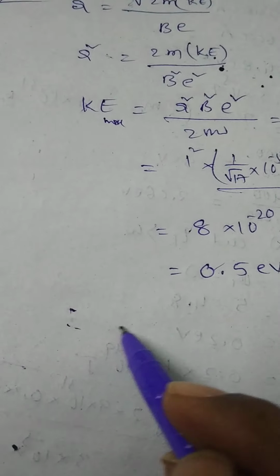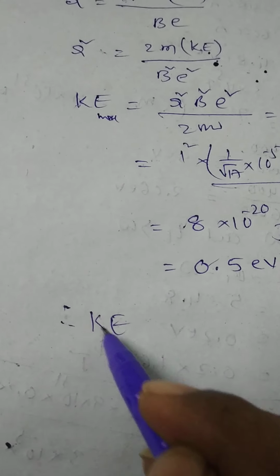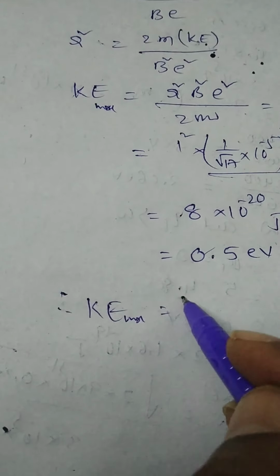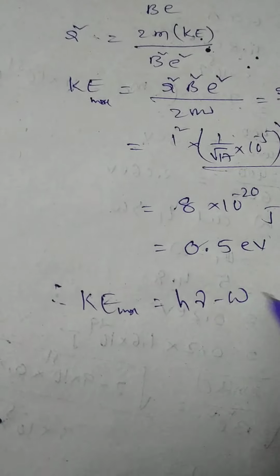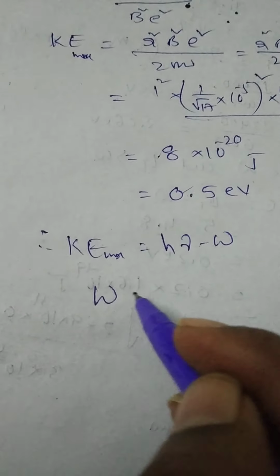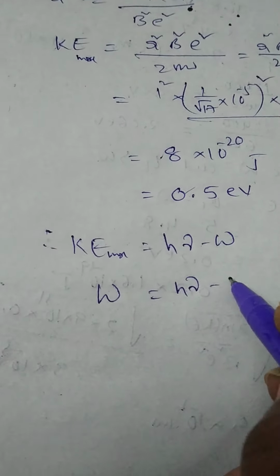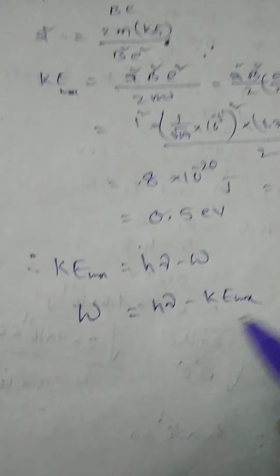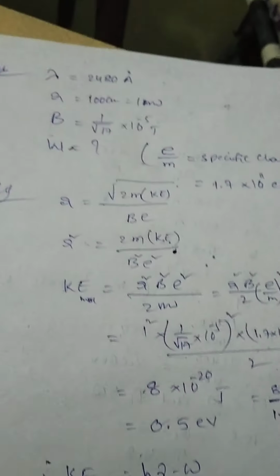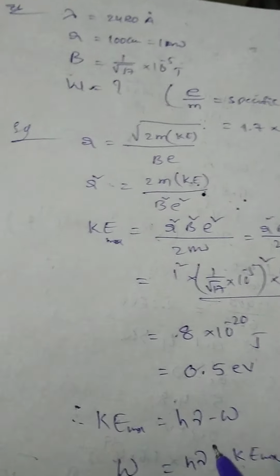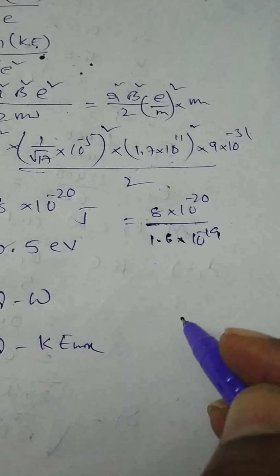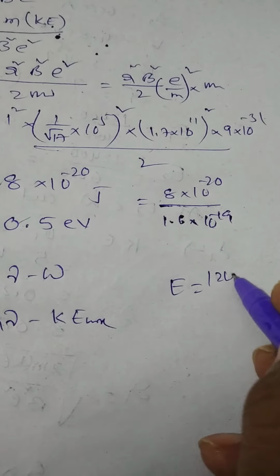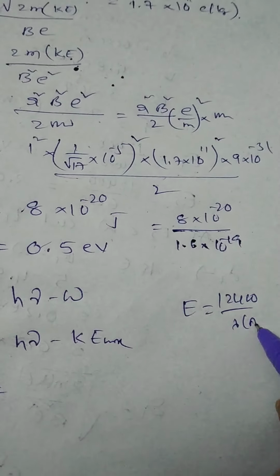According to Einstein's equation, maximum kinetic energy is given by KE maximum is equal to h nu minus W, or W is equal to h nu minus KE maximum. Energy of the incident photon E is equal to 12,400 by lambda in angstrom units.